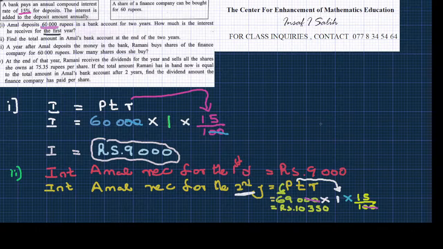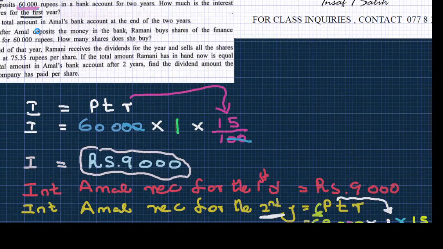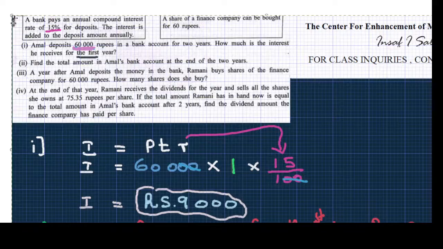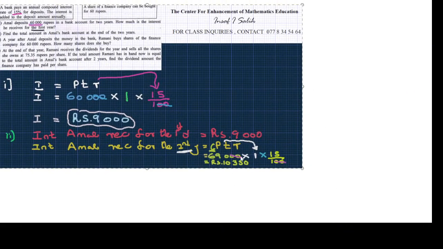So then what is the total interest he receives from the bank? How do we calculate the total interest he receives from the bank? For that we got to add the interest he received in the first year and the interest he received in the second year. So let's do that. What's the total interest?